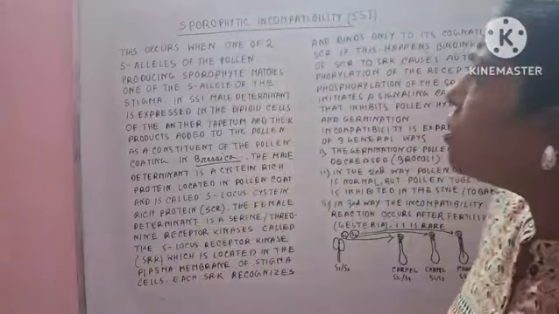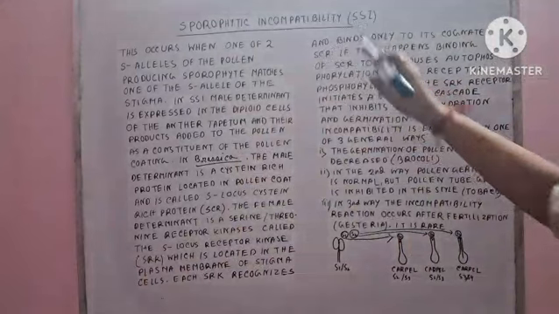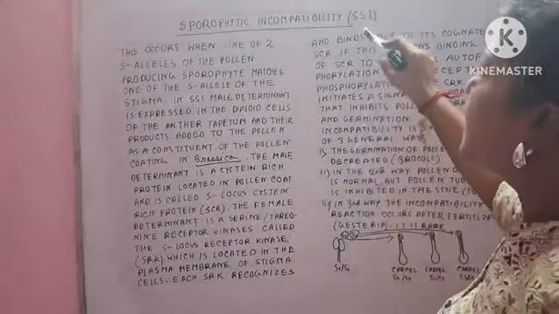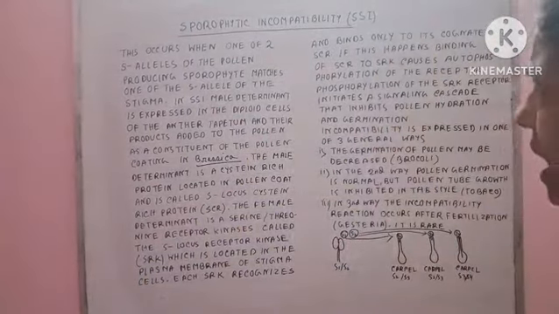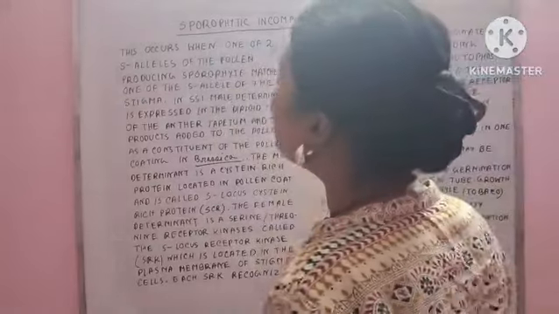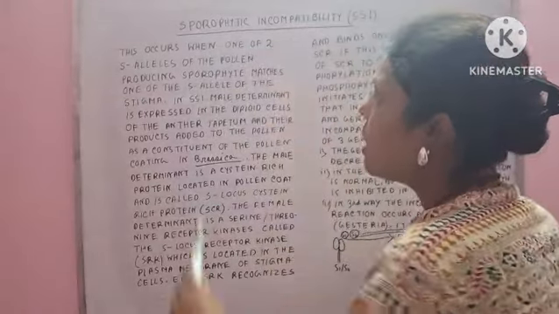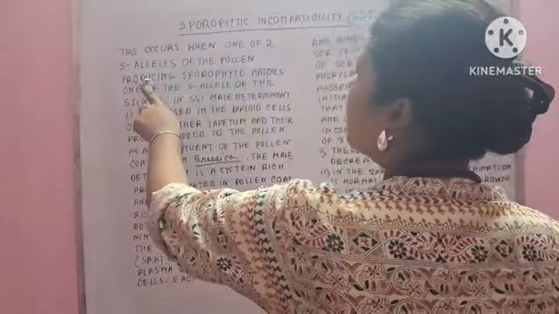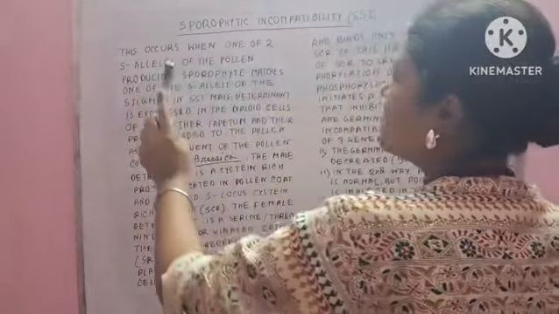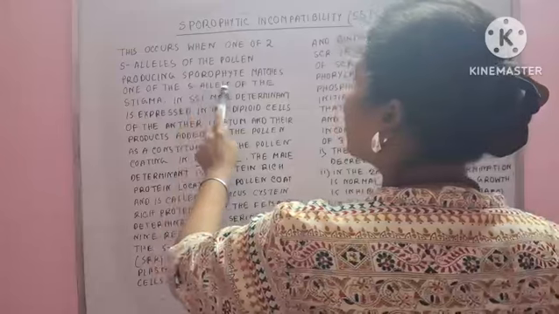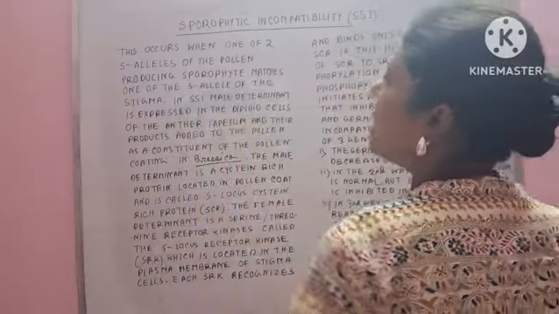Okay, so the sporophytic incompatibility, that is the SSI, occurs when one of the two S alleles of the pollen-producing sporophyte matches one of the S alleles of the stigma.